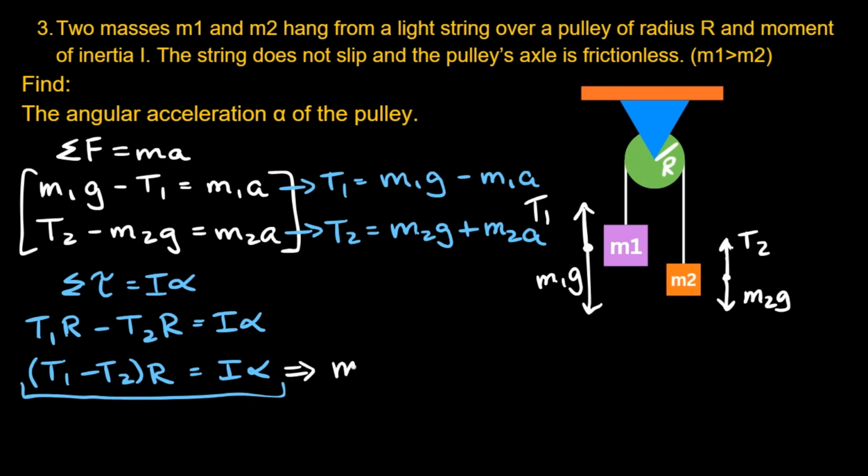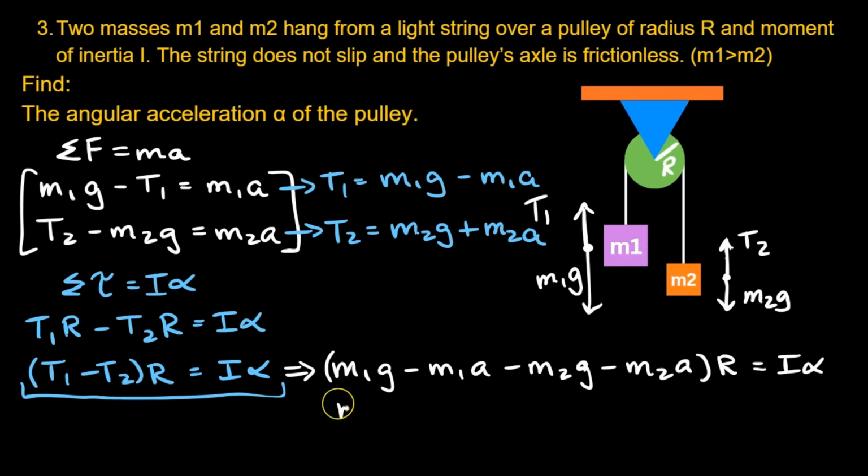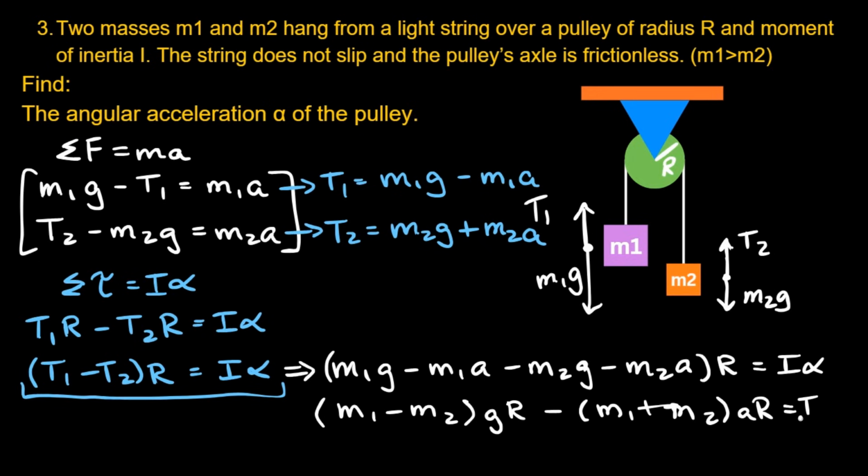We're going to take these and substitute into this equation, and we get (m1g minus m1a minus m2g minus m2a) times r is equal to I times alpha. We can rewrite this as (m1 minus m2) times gr, minus (m1 plus m2) times ar, we just factor out the gr and the ar here, and that is equal to I times alpha.